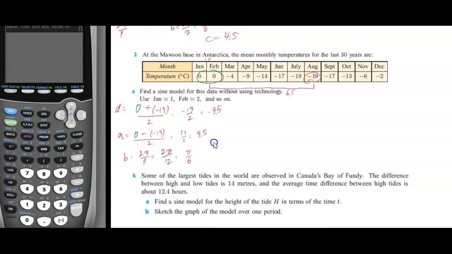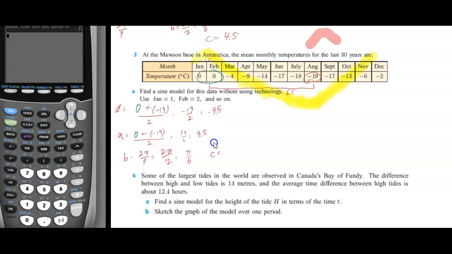Last of all, we'll find the C value. The C value is where this function starts. So again, I'm going to make a little sketch. There's the max. There's the min. And it goes back up again. Okay, so where does this sine curve start?